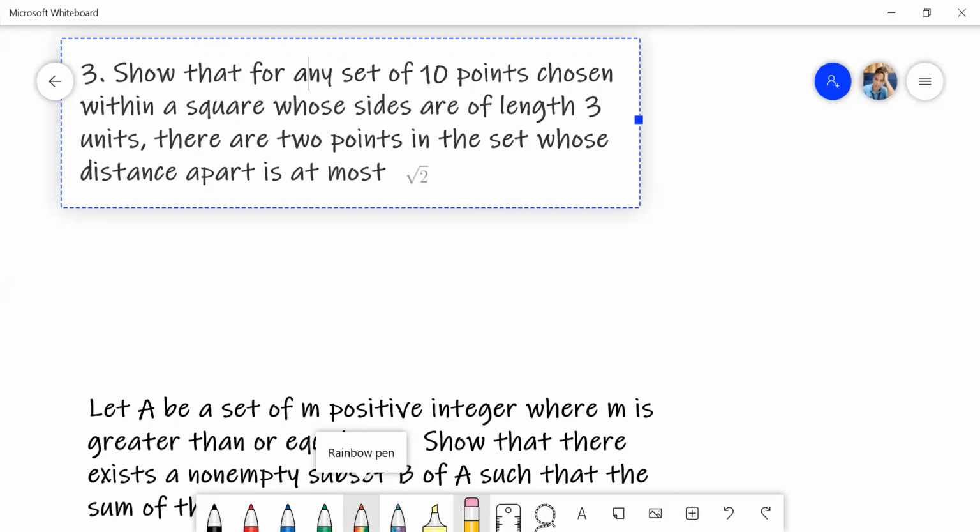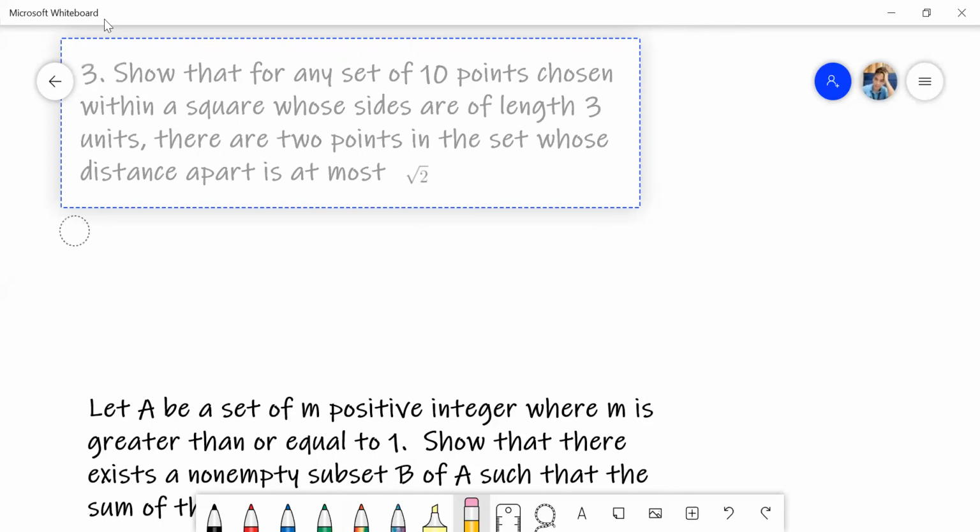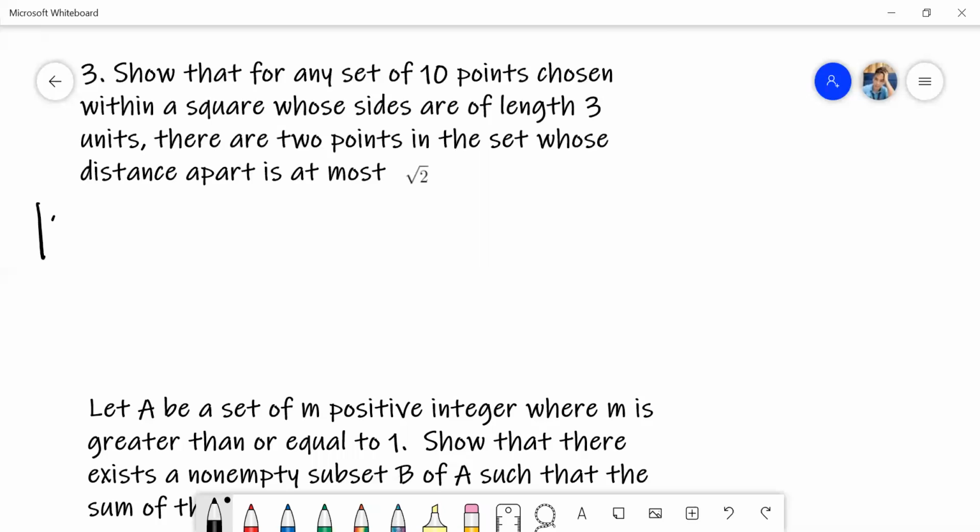So we will have to figure out first what are the objects and what are the boxes. Clearly, the 10 points here are the objects to be placed in a box. Our goal is to arrive at the idea that there must be 2 points from the set which are close to each other, with distance at most square root of 2.